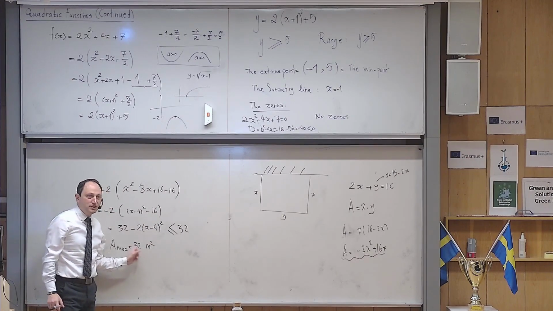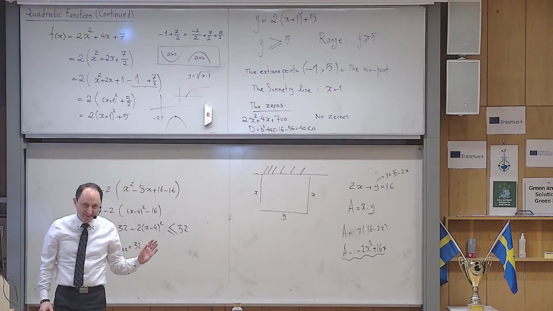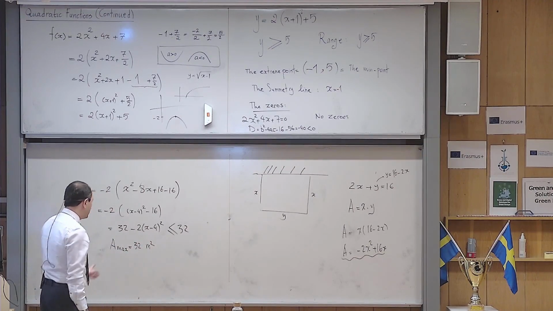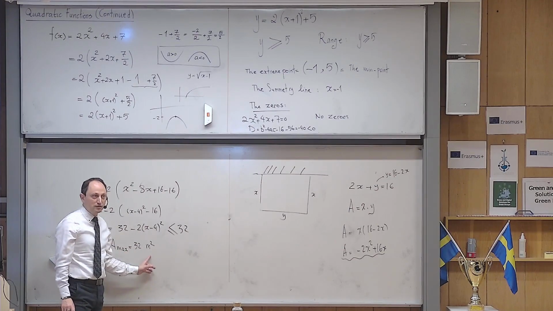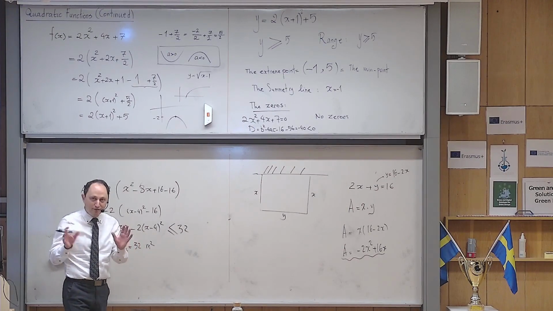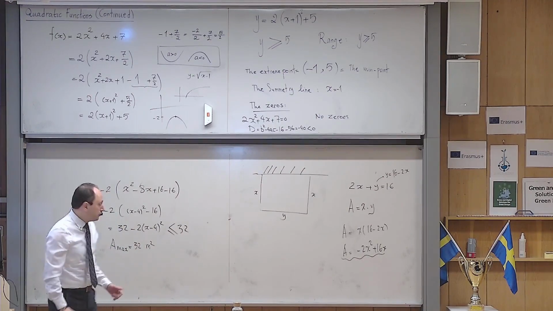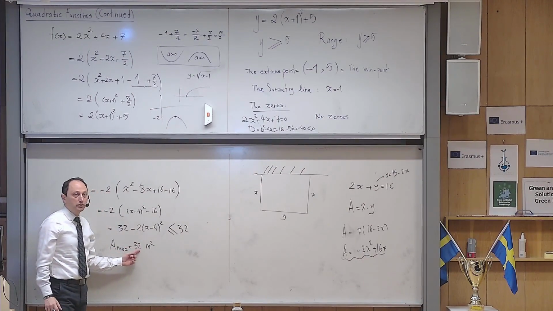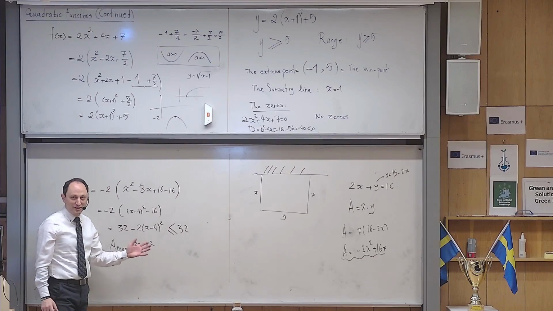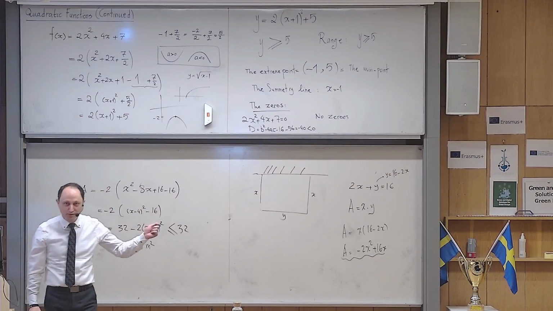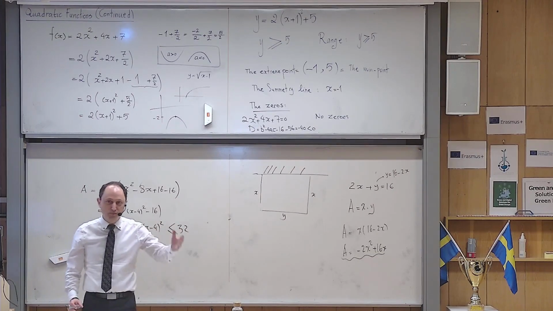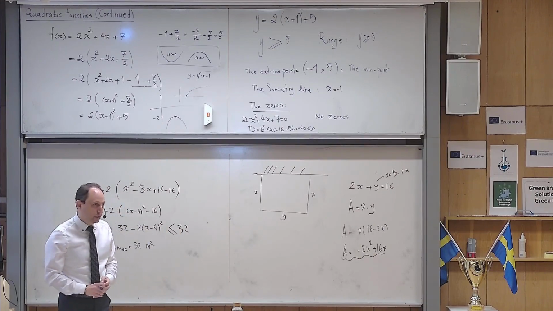It means that if this is not enough for you, then you have to open your pocket. Because if 32 square meters is a good size for you, you have what you need. But if you really want to go beyond 32, don't kill yourself. Instead, you have to open your pocket, because you have to buy more fences.